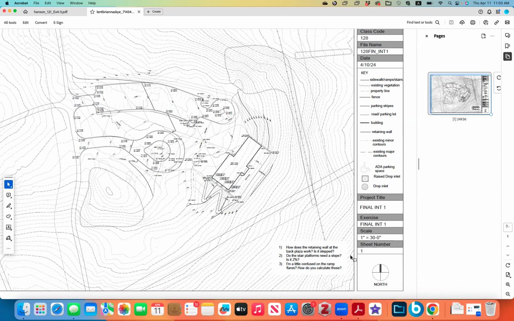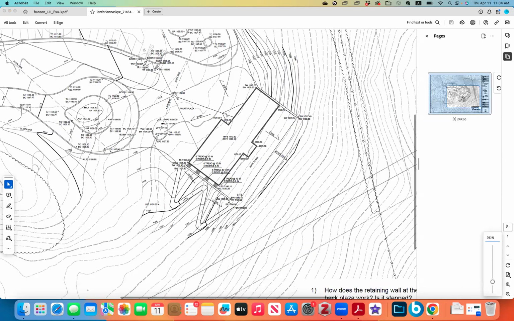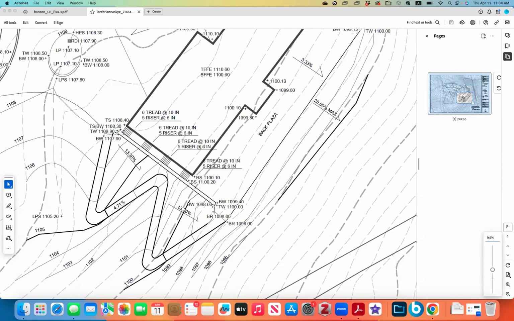We're simplifying that requirement, and we only require you to have 2 spot elevations for both ends of the wall. That's a really great question. So basically you have a T wall and a B wall here, and that's what you need for the walls. But you do need to stick to the 4 feet maximum height rule, okay?